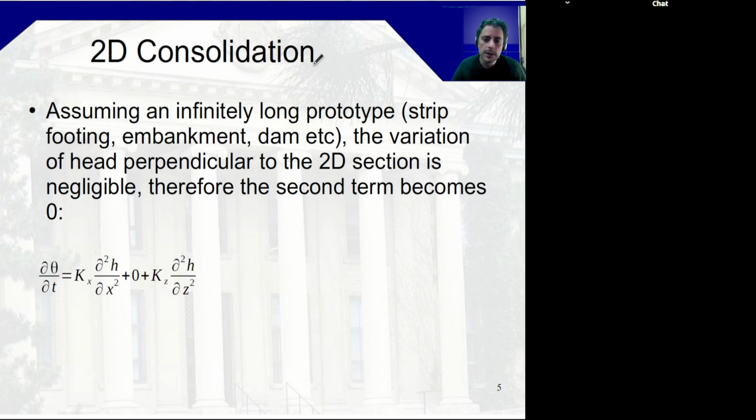But in the case of 2D consolidation, as in pore pressure dissipation, it means that we have basically no flow in the y direction, considering that z is the vertical.